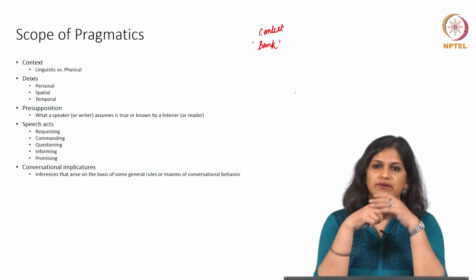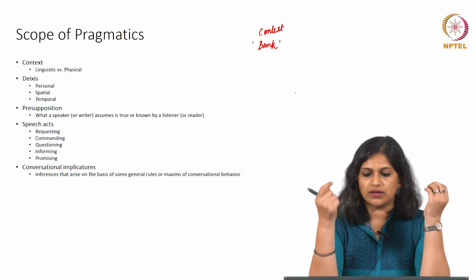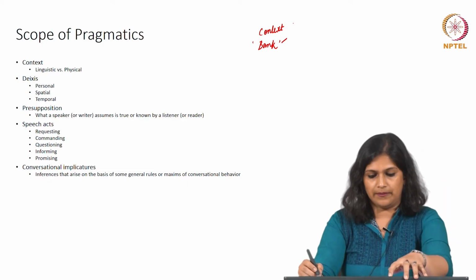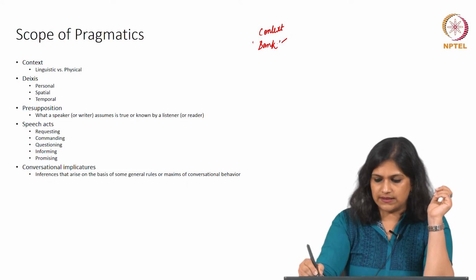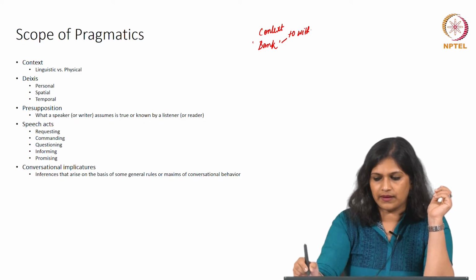When you are trying to understand the meaning of a particular term, you have to find out in which context it has been used. So, this is the example: to withdraw cash, that's one domain.